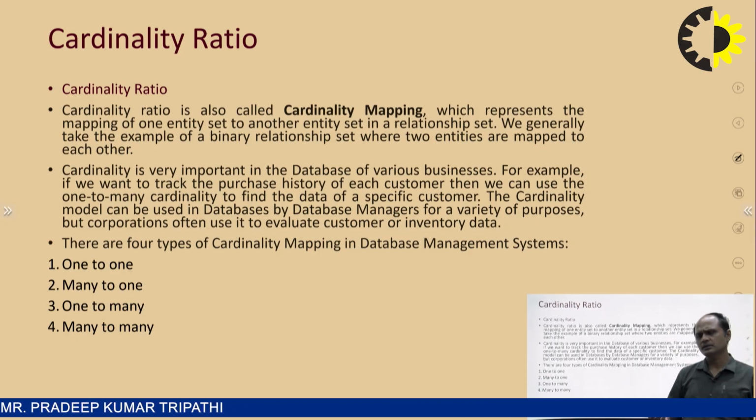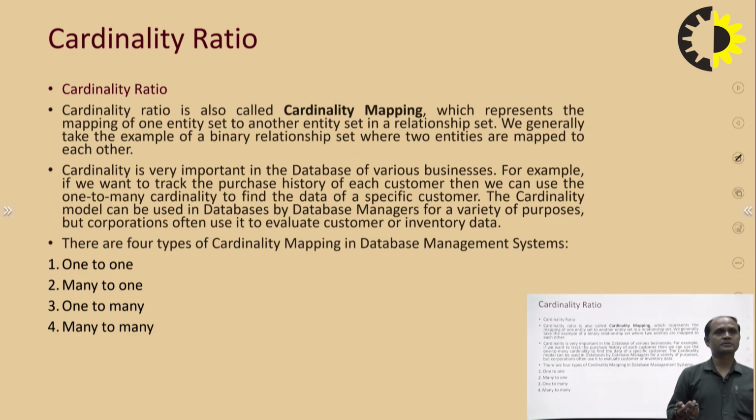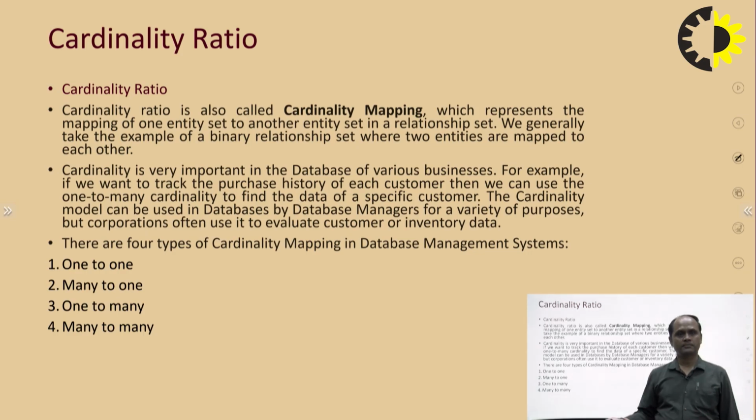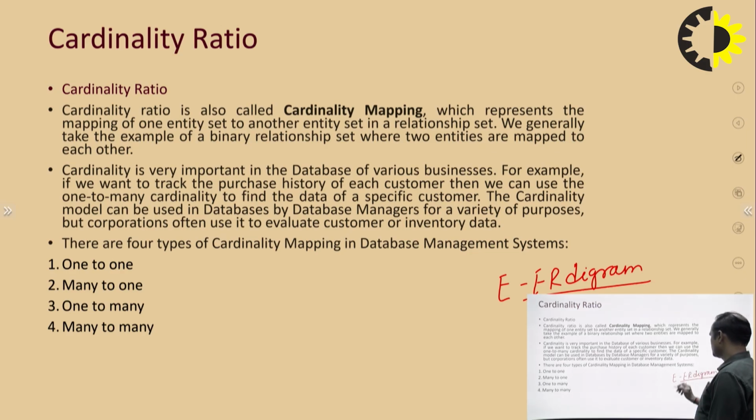But in this ER diagram, some OOPs concepts are missing. If we add some concepts to the ER diagram, then it is called an extended ER diagram. So what is an extended ER diagram? It is an ER diagram plus some features which can be added in this scenario.